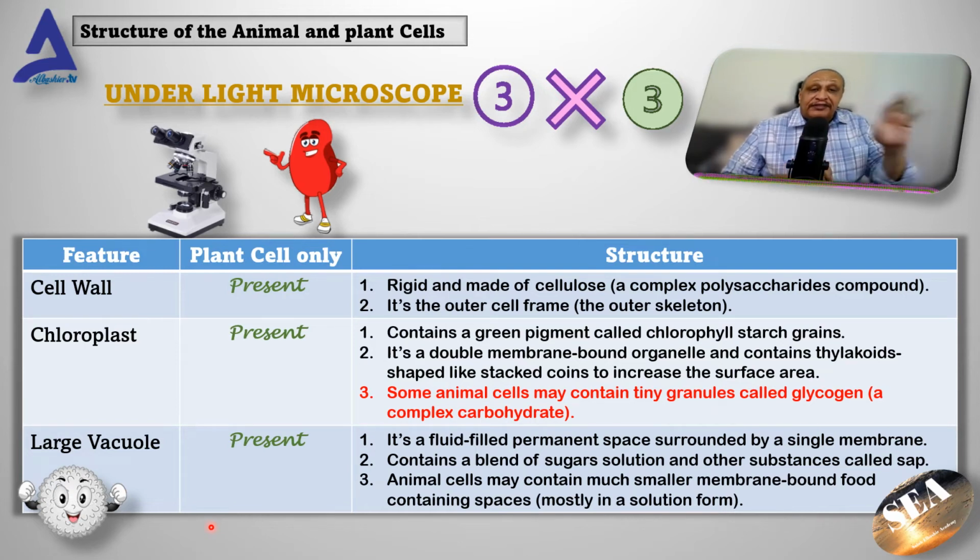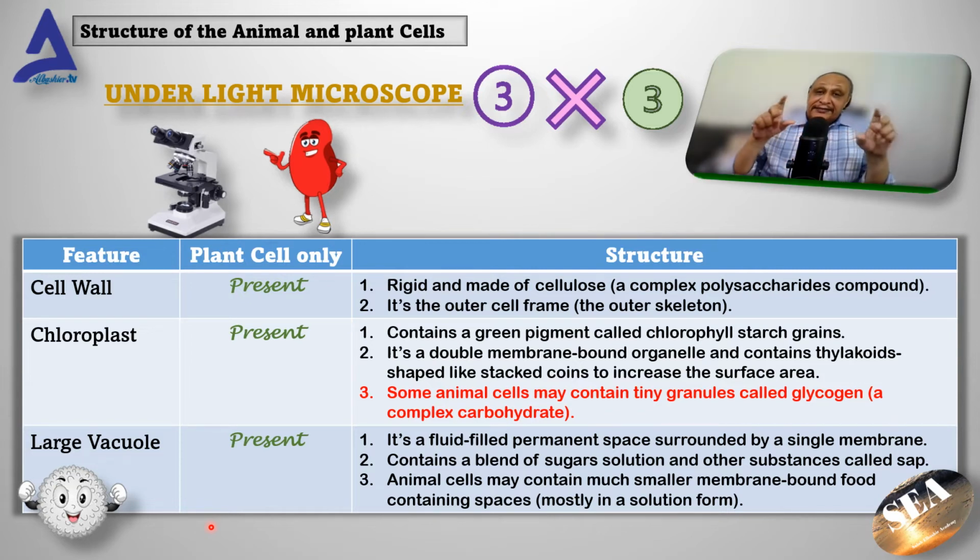Now, the cell wall is present in the plant cell, not the animal cell. It is rigid and made of cellulose, which is a complex polysaccharide compound. It is the outer cell frame and resembles the outer skeleton of the cell.